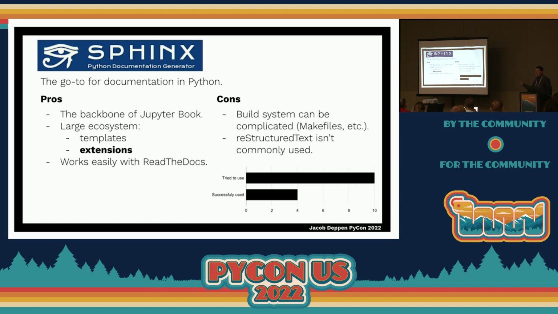In my pre-survey, I asked folks how many people had tried to use Sphinx to build documentation and how many people were successful. And 10 people had tried, and 4 people were successful. And this is kind of a gap that I think is a leak in the pipeline of documentation, right? That I think a lot of people encounter in the Python ecosystem is you try to do the right thing.